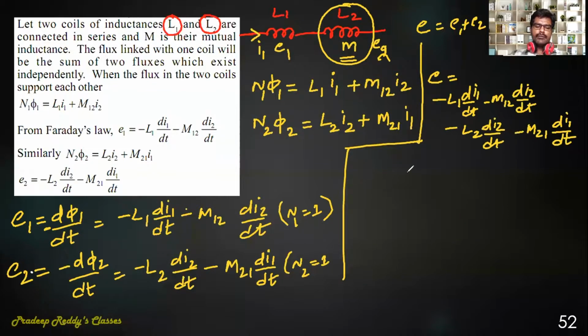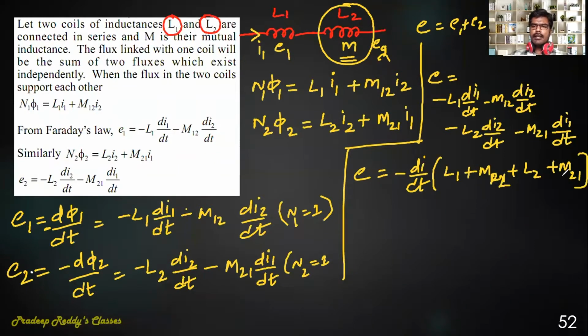If you calculate this total, the rate of change of current in both cases will be the same, because in series connection I will be the same. So I can take di by dt common, and it will be L1 plus M21 plus L2 plus M12. However, M21 and M12 have the same magnitude.